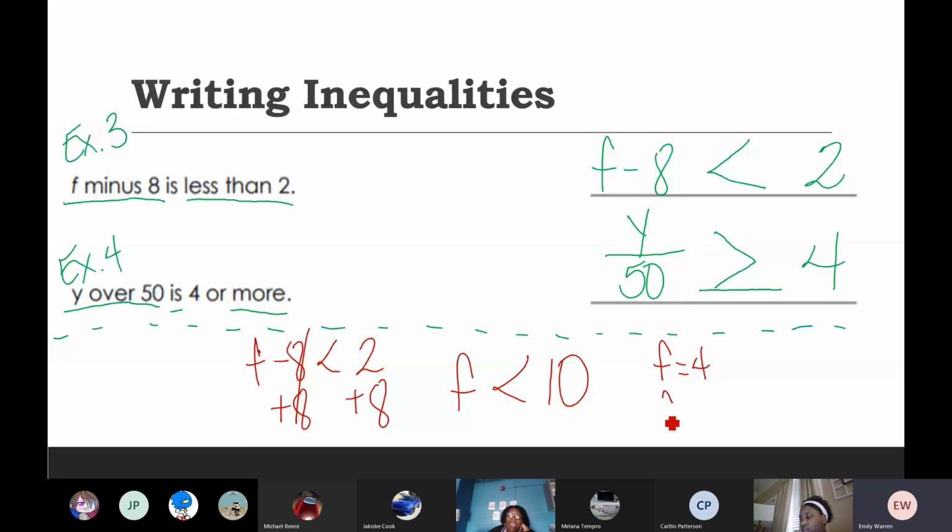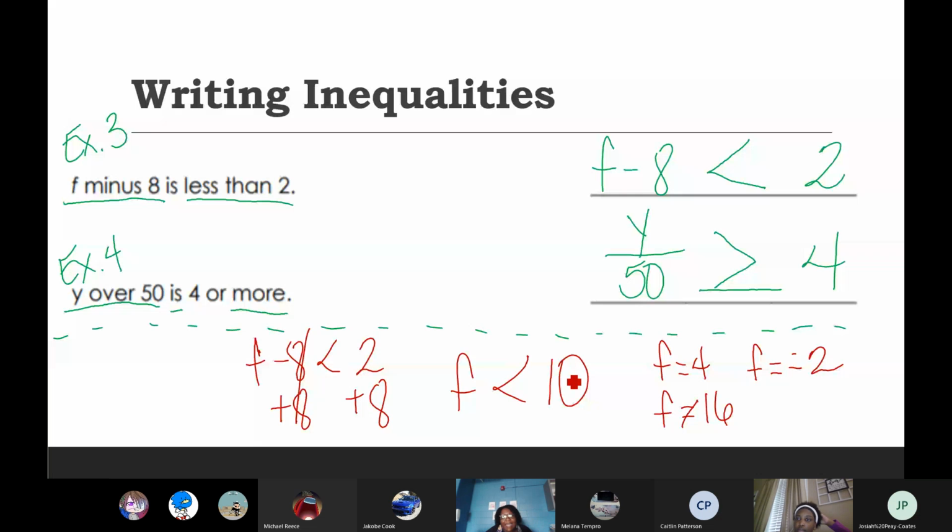Yes. Could f be 10? No. It could not be. When you see an equal sign with a cross through it, that means not equal to. Could f be -2? Yes. Okay, so f could be any number. You see how there's multiple solutions here? F could be any number that is less than 10. Take some time to write down what you see there in Garnet. Miss Neville is about to erase it.